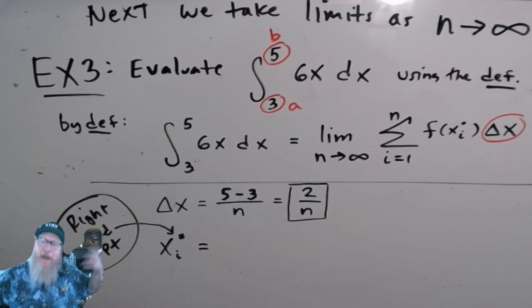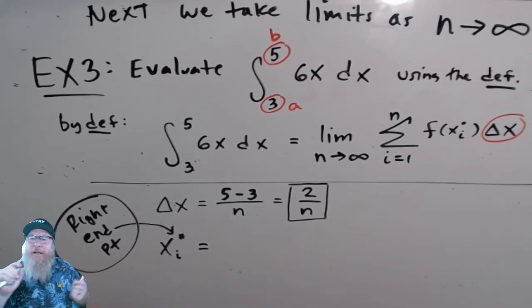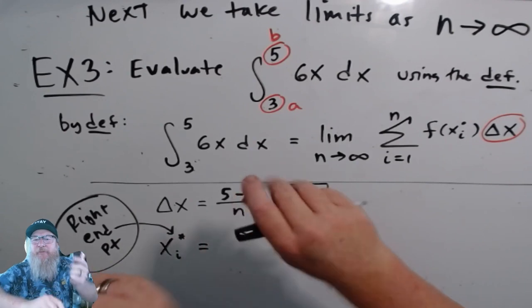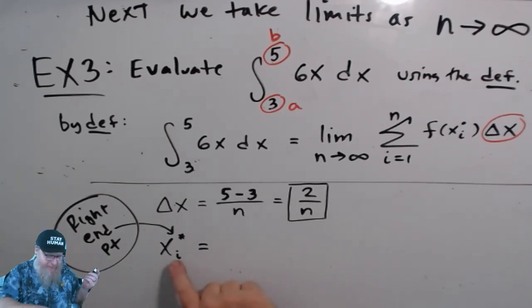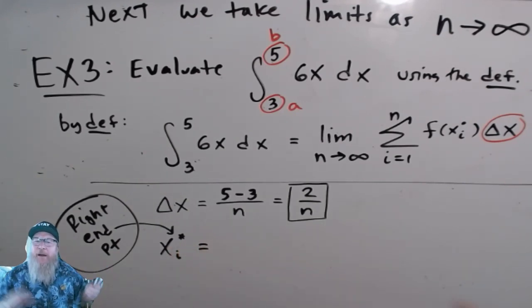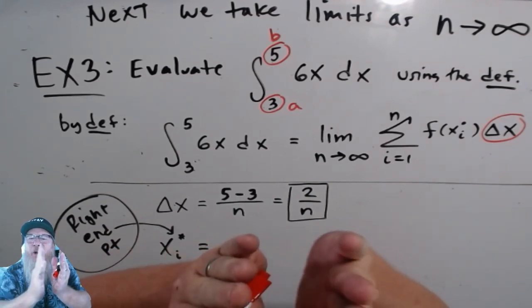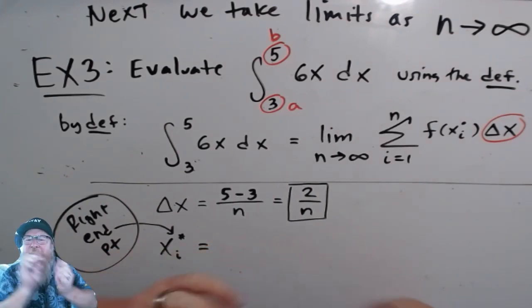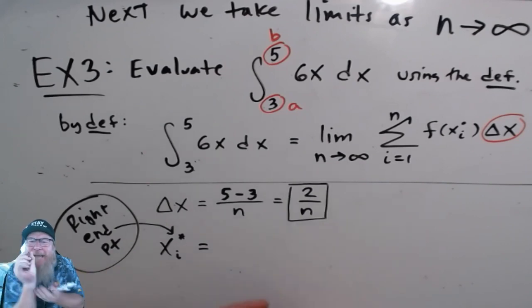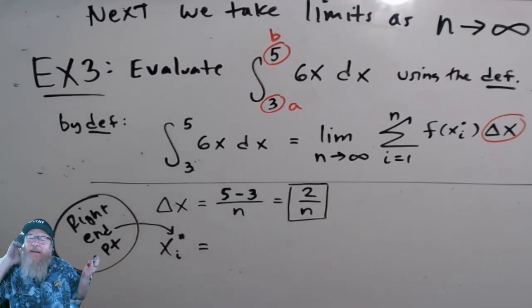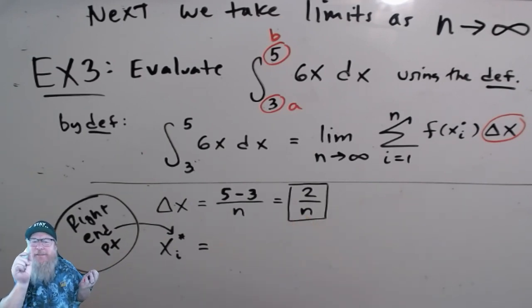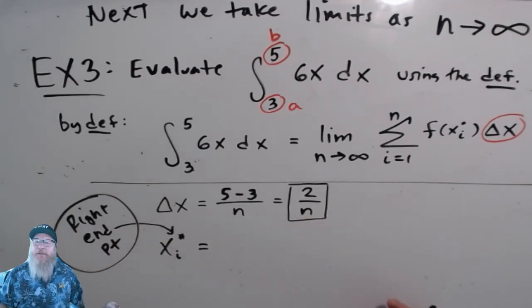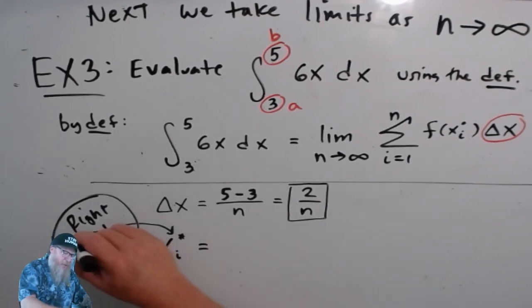You could go, I don't want to be like everybody else. I want to choose the third from the left, halfway between the middle and the right. You can even just go eeny, meeny, miny, mo and randomly pick these x_i stars. It doesn't matter, because the rectangles are getting so skinny that the point that you pick in that tiny little rectangle is insignificant. The difference between the left and the right and the middle is so minutely small that it makes no difference.